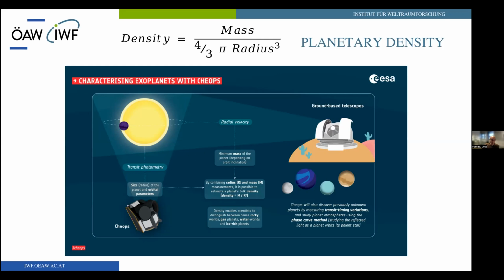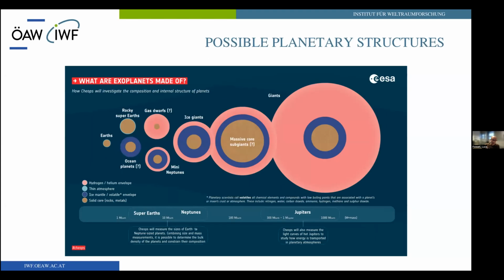So we measure the radius precisely with CHEOPS, and we hope that radial velocity then measures the mass of these planets, or has already measured the mass with enough precision, and then we combine the two and finally measure the density. And this is why density is so important. You can have planets that have very similar sizes or similar masses, but in reality they are completely different.